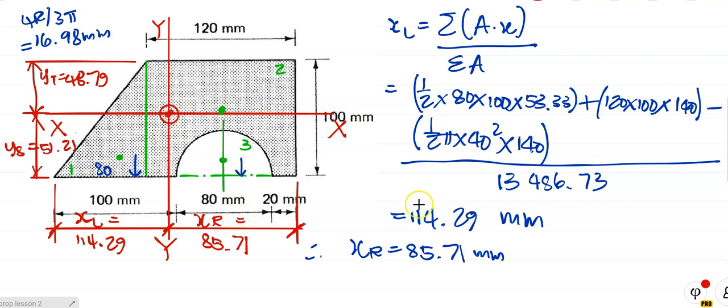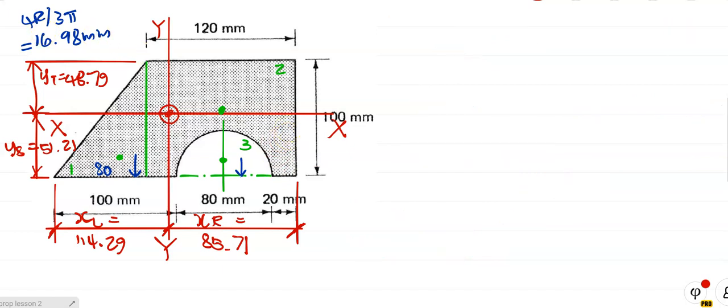Okay, so people, that's over there. So now we need to work out our Ixx and Iyy, the real biggie. Alright, people, our Ixx. What's the formula for working out the second moment of area using the parallel axis theorem?